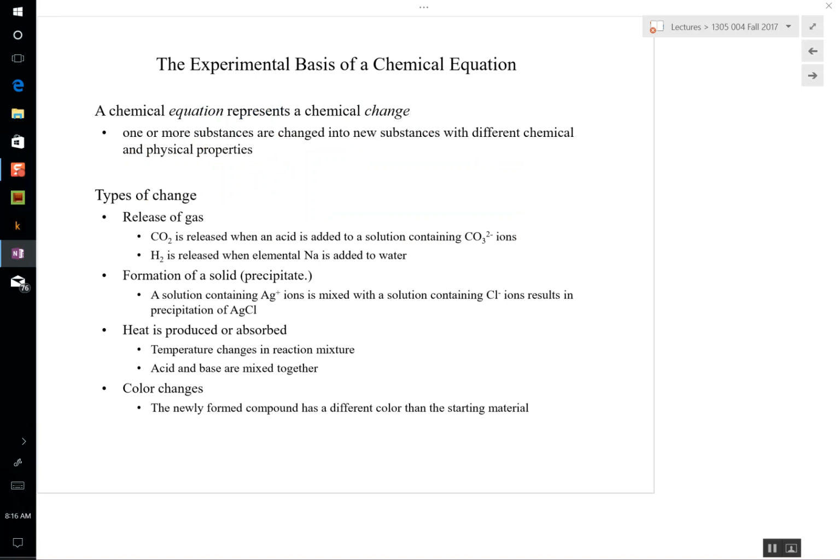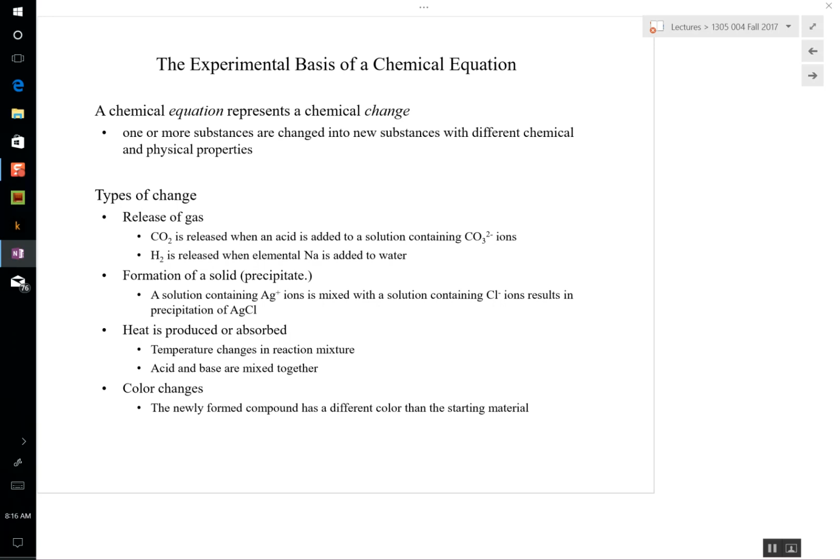Types of release of a gas is an indicator that you've seen a reaction, as is formation of a precipitate. Heat being evolved is not always proof that a chemical reaction took place, but if you do see heat changes, whether something got colder or hotter, it would suggest that there may be a chemical change going on.